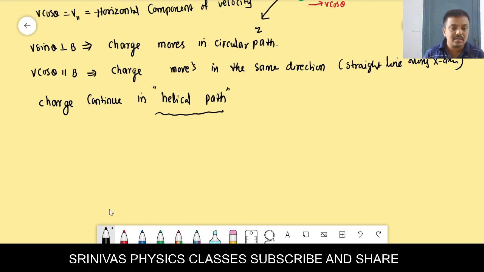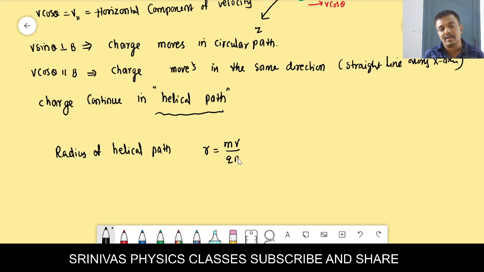For this purpose, we will derive the little formulas, that is, what is the radius of the helical path. The radius formula, we already know, is mv by qB. But which velocity makes the charge move in a circular path? Not v.